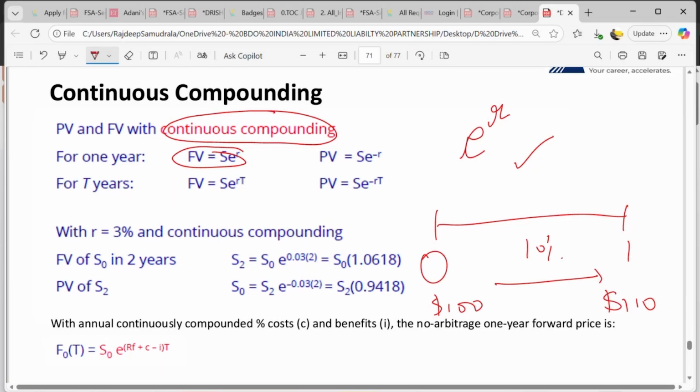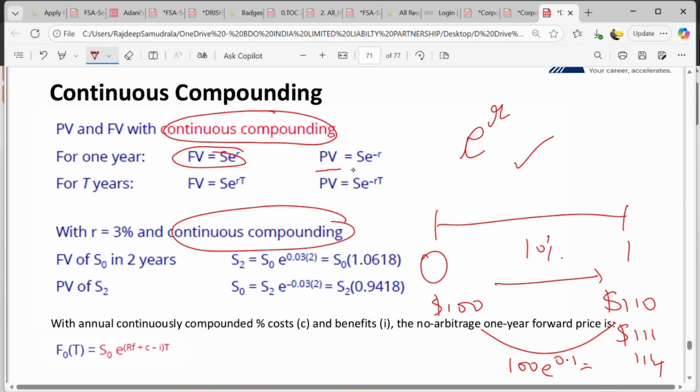Should it be compounded monthly, bi-monthly, 6 monthly? The answer will change. It'll come 111, 114, and so on. But if I did continuous compounding, the answer will be 100 into e raised to 0.1. This is the maximum value that you can get by using continuous compounding for 1 year. Clear? Okay, so that's how we do continuous compounding.